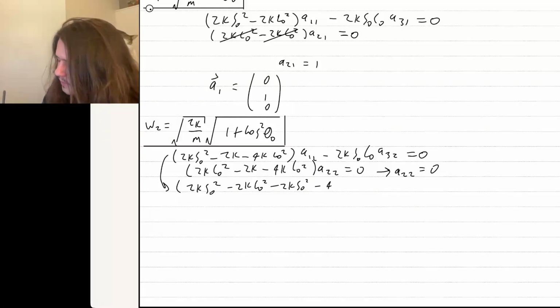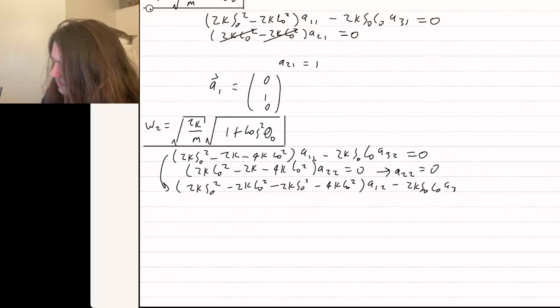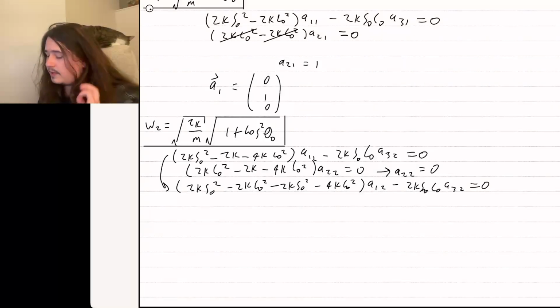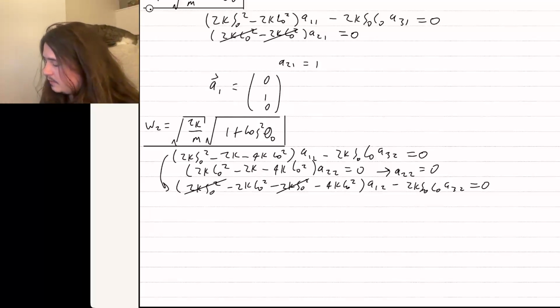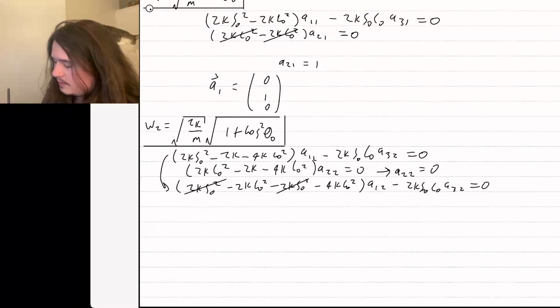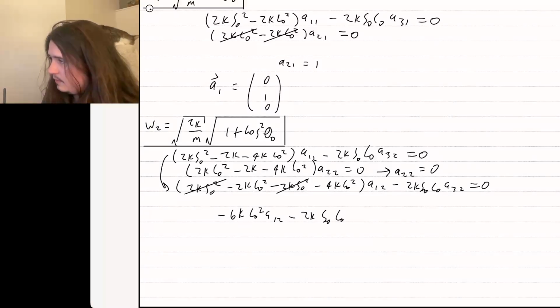This is minus 4k c naught squared still times a12 minus 2k s naught c naught a32 is 0. I did that so that we can cancel this piece with this piece, and then this cosine squared piece adds up with this cosine squared piece, so we get minus 6k c naught squared a12 minus 2k s naught c naught a32, and we can quickly solve that for a32.